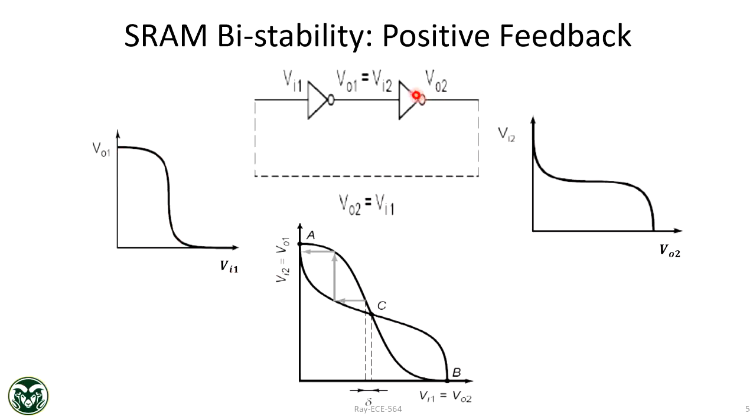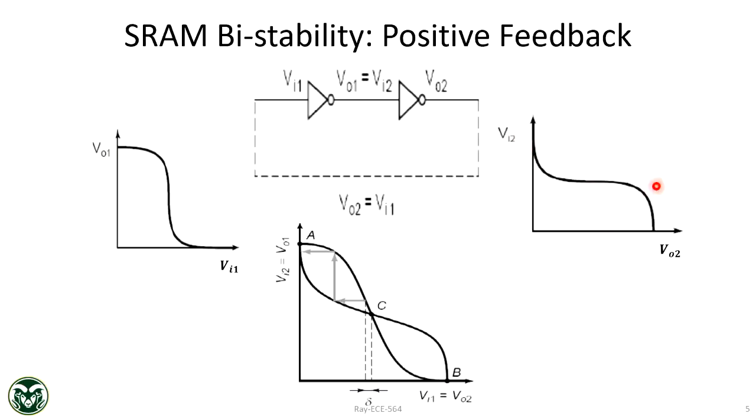If you look at the second inverter, its input is the output of the first one, right? So VI2 is now on the y-axis, because I want to keep the y-axis the same, since the output here is the input of this inverter. That's why I rotated the IV curve by 90 degrees.